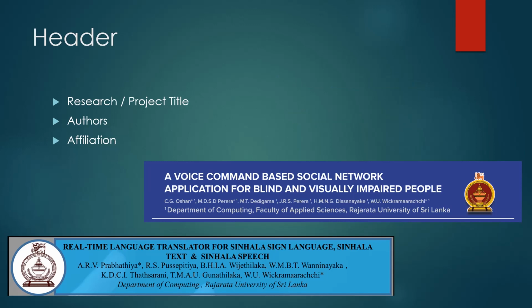The name list of the authors is the second part of the header component. You may include names of all the authors of the research project. Names of the supervisors can be included as authors with their consent.